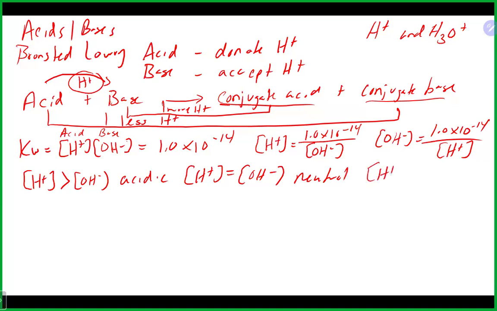And if the H+ concentration is less than the OH-, it will be basic. Remember, the relationship between H+ and OH- is that as one goes up, the other goes down. If the H+ concentration increases, the OH- concentration decreases, and vice versa.